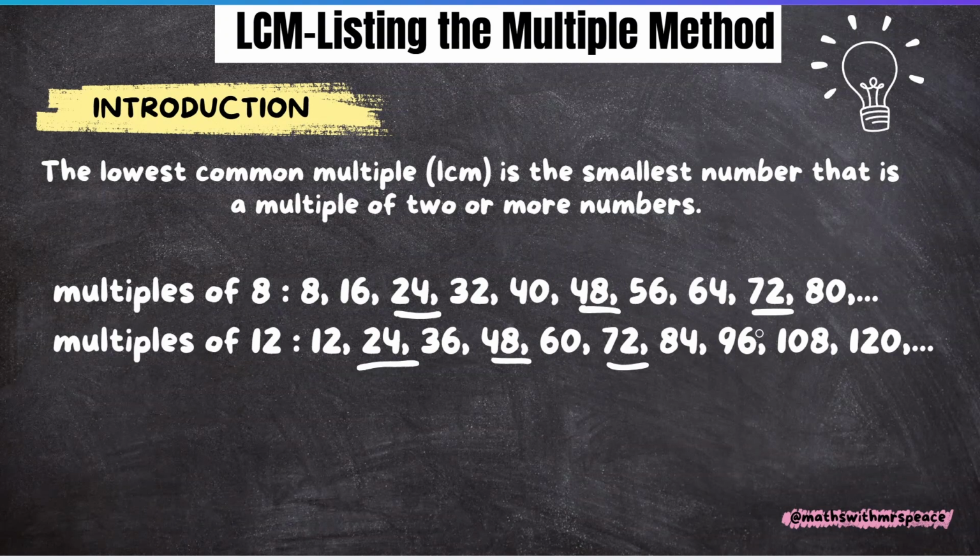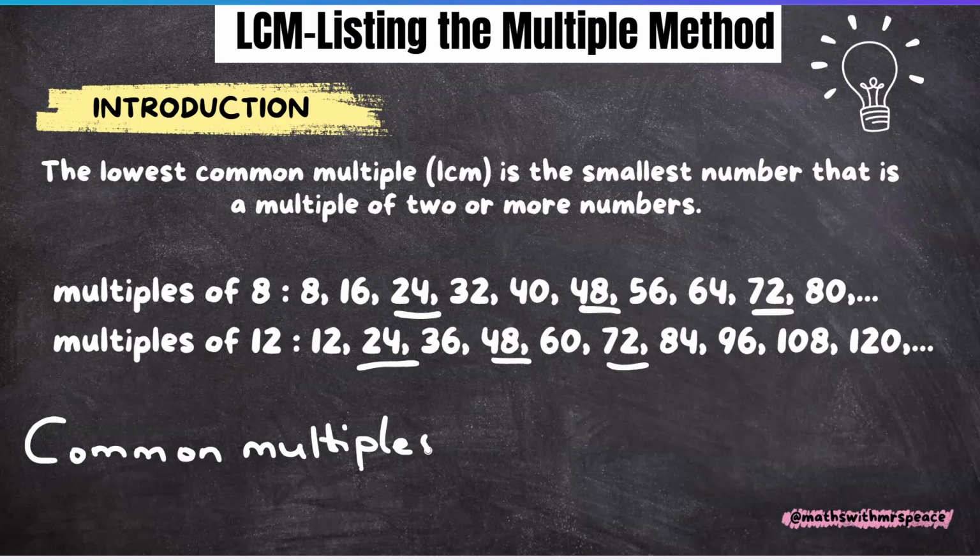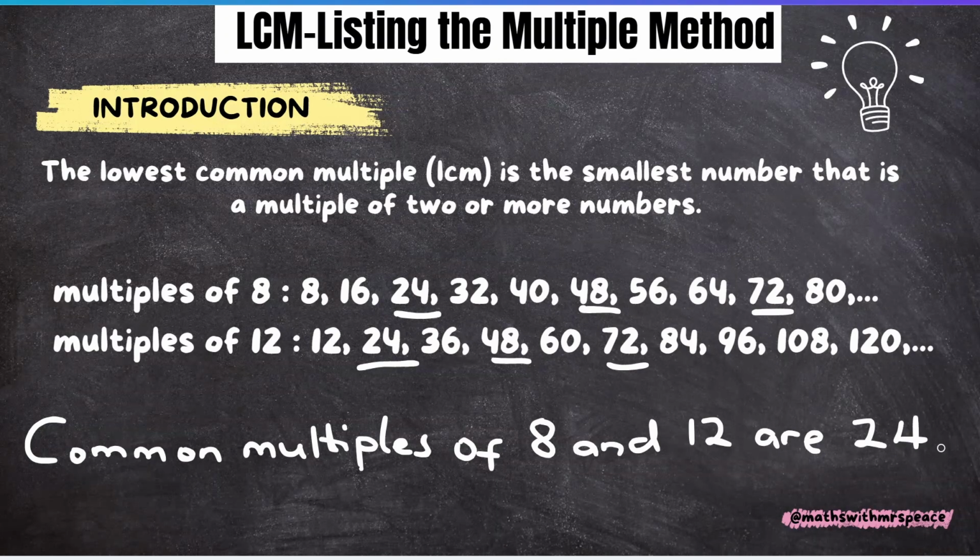So let's go ahead and write out what the common multiples are for 8 and 12. Common multiples of 8 and 12 are 24, 48, 72.